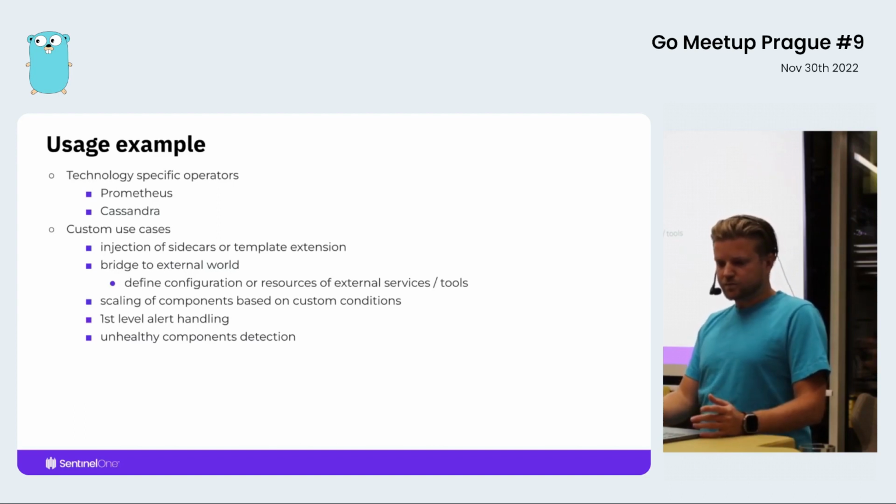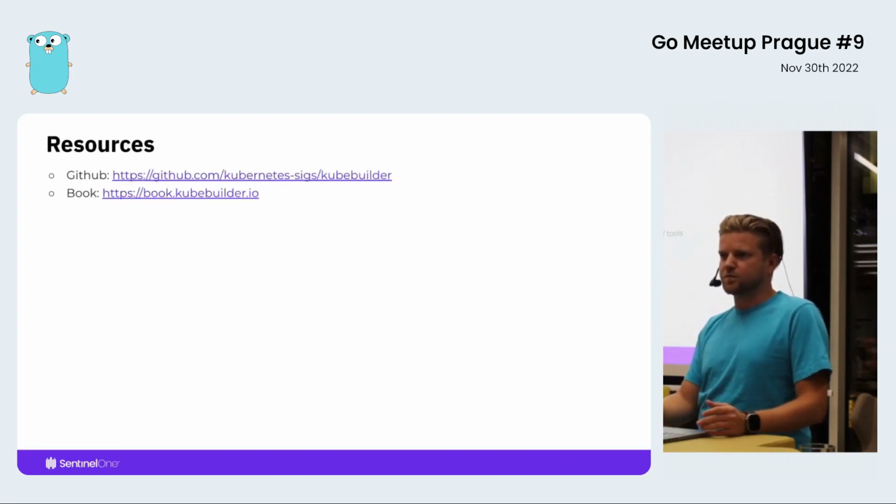Quite commonly, some components are in a middle state: they are working but not so healthy, and it's usually quite complex logic to detect that. One use case for operators is to look at all conditions and, if there are problems, restart, for example, pods.